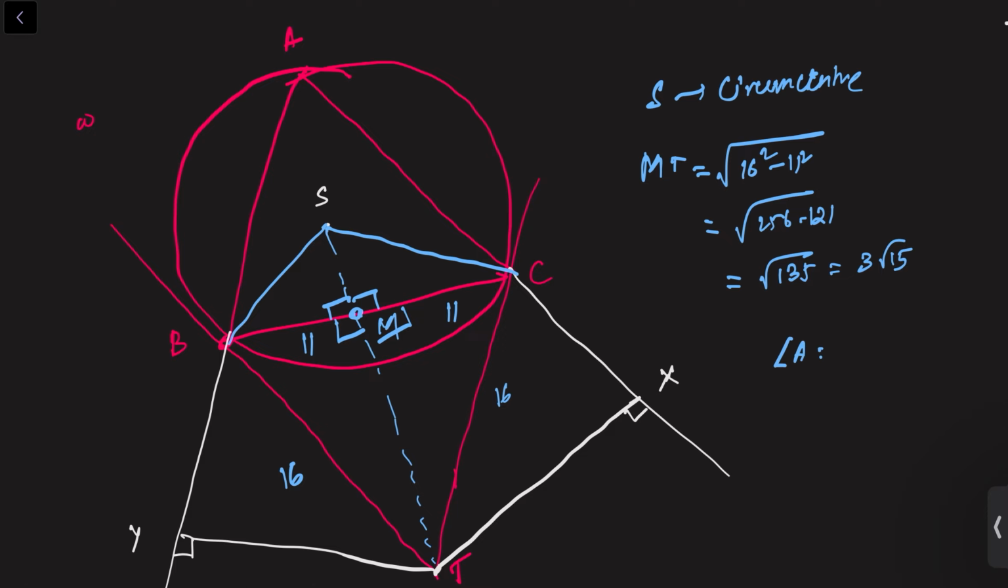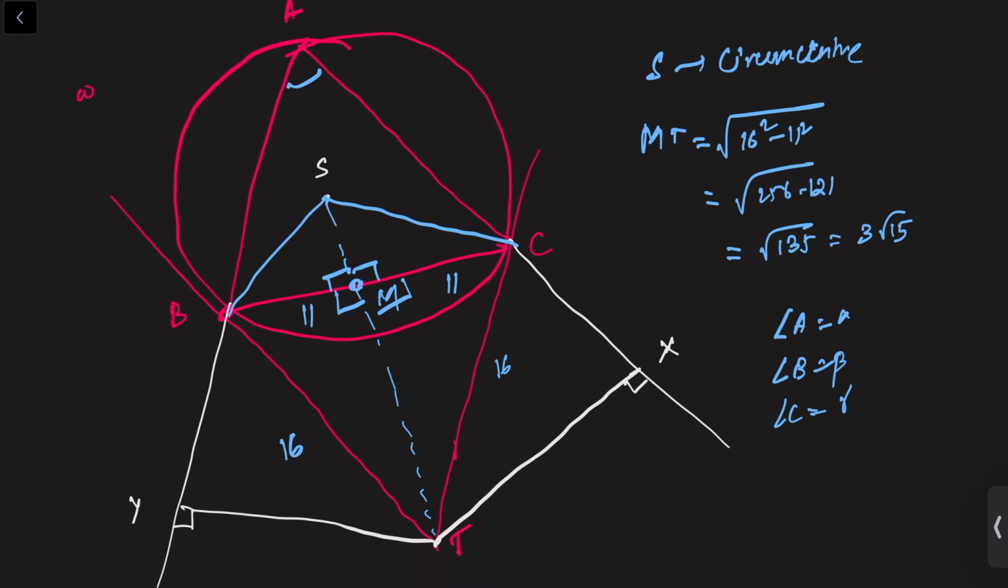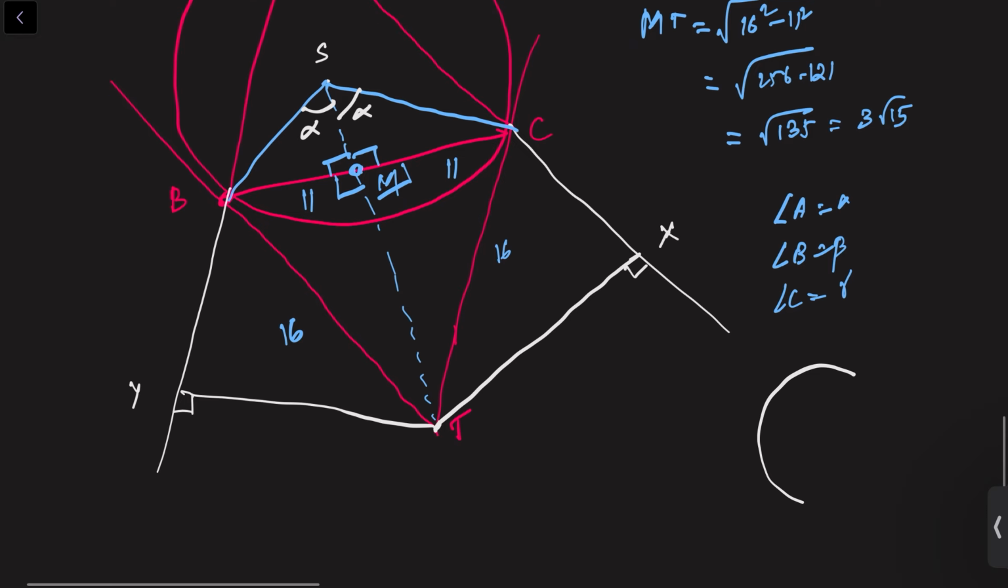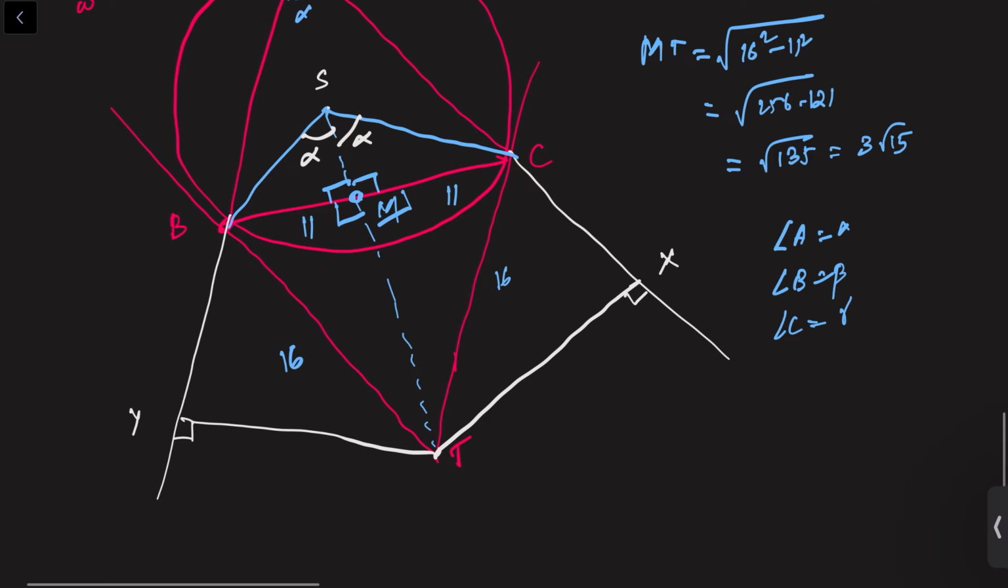Now if I consider angle A as alpha, angle B as beta, and angle C as gamma, then this is alpha, and similarly we have this entire thing as beta and this entire thing as gamma. If this angle is alpha, this will be 2 alpha at the center, because if an angle theta is made at the circle, it makes an angle 2 theta at the center. So angle BSC will be 2 alpha, so STC will be 90 minus alpha, because this is a tangent.